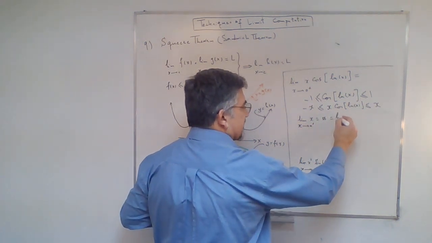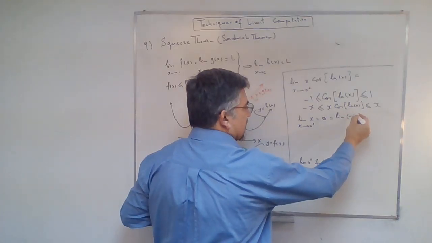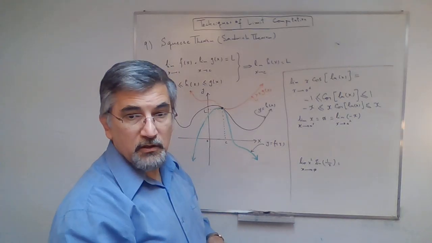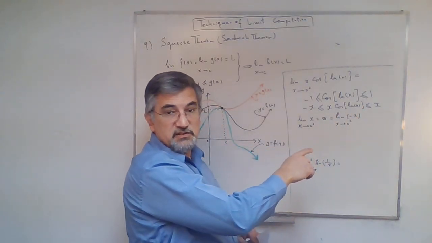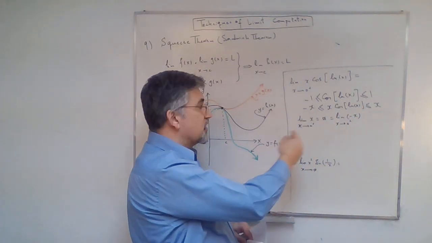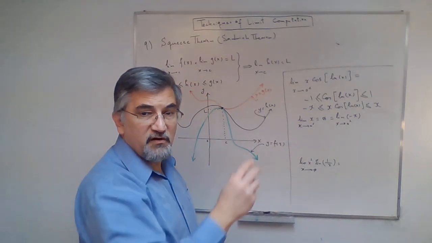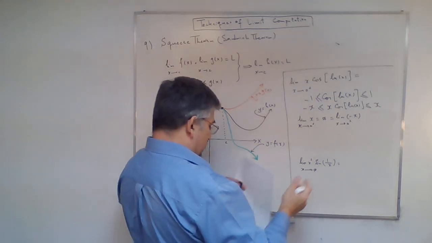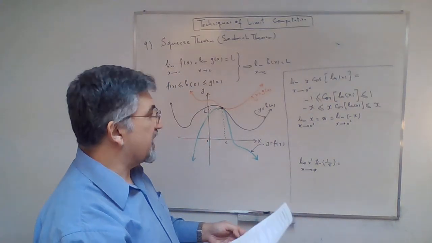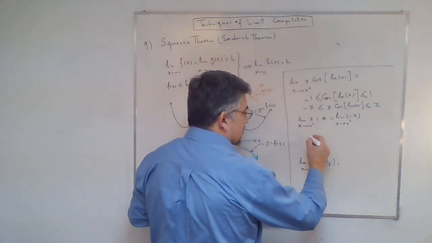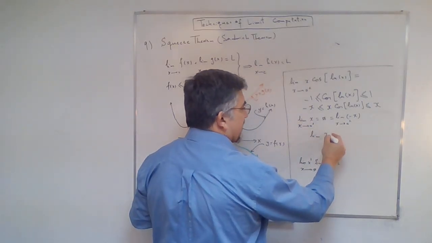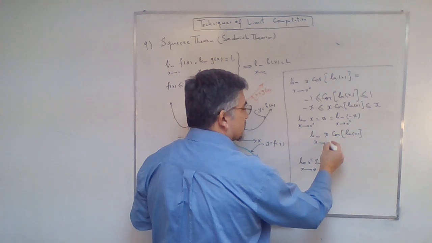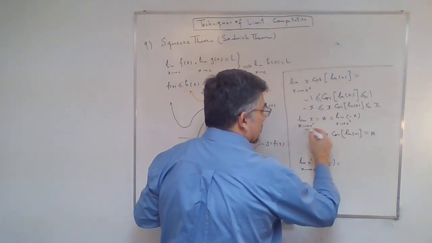And the limit of -x when x approaches 0 from the right side is also equal to 0.